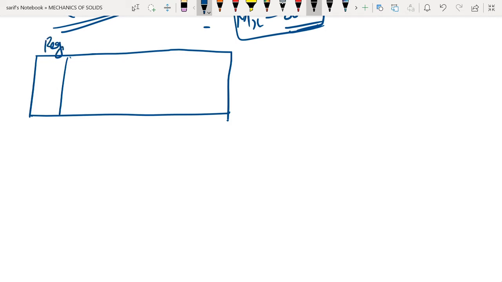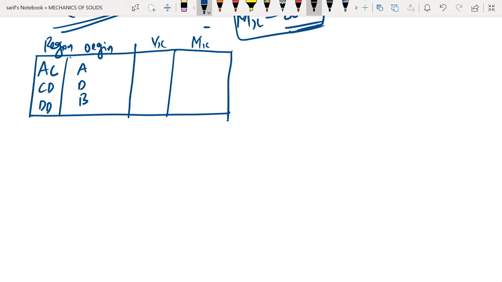So we have the region, then we should have origin, then expression for Vx, and we should have expression for Mx. So first is the region AC, then we have CD and then DB. The origin was A here, the origin was D here and the origin was B here.